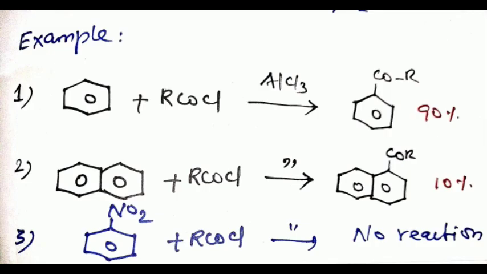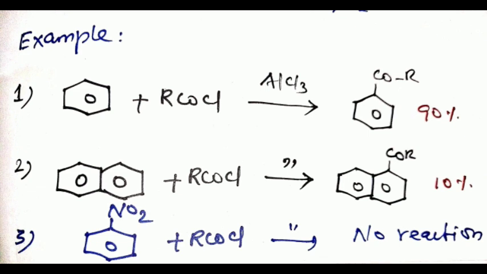So, these are some examples of Friedel-Crafts acylation. The first one is benzene combined with an acyl halide in the presence of anhydrous aluminum chloride to form a high yield, that is 90%, of aryl ketone.